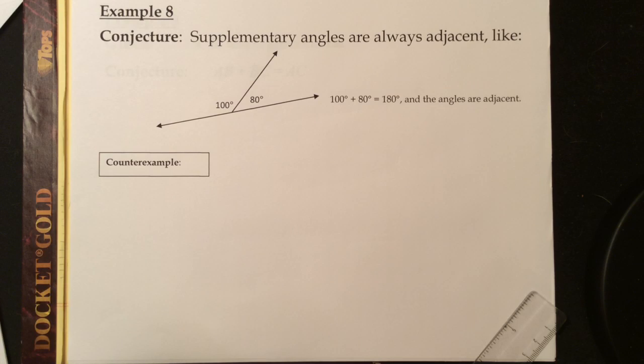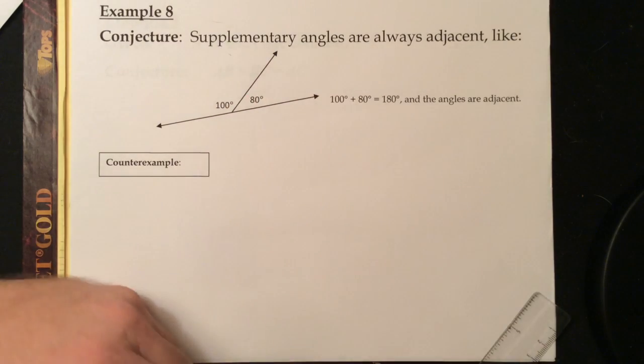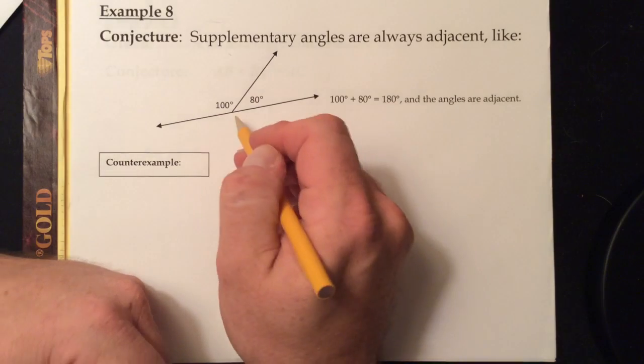Counterexample. Example 8. In example 8, you'll find and state a counterexample to a conjecture. It says, find the counterexample that disproves the following conjecture. Here's the conjecture. Supplementary angles are always adjacent, like this one.